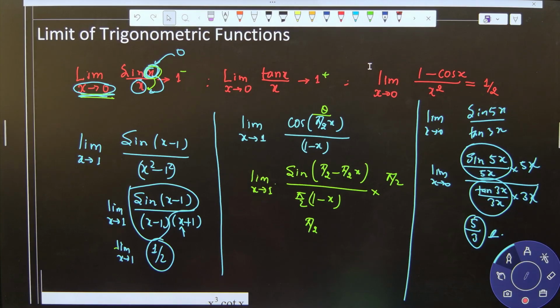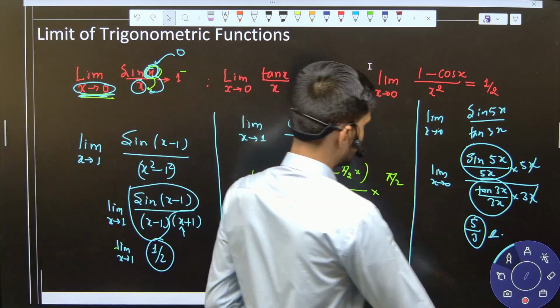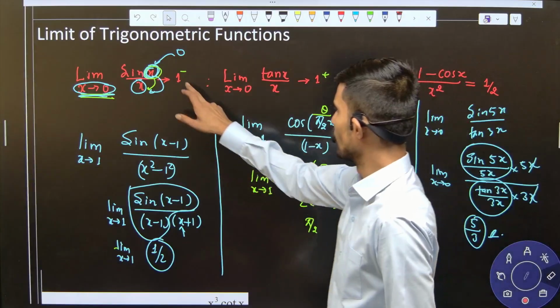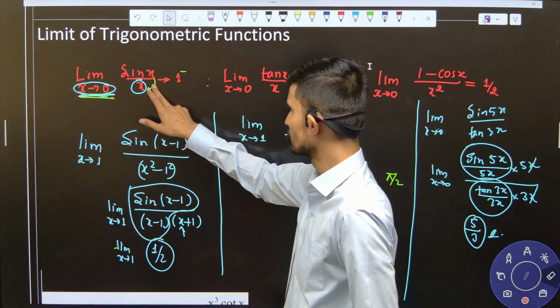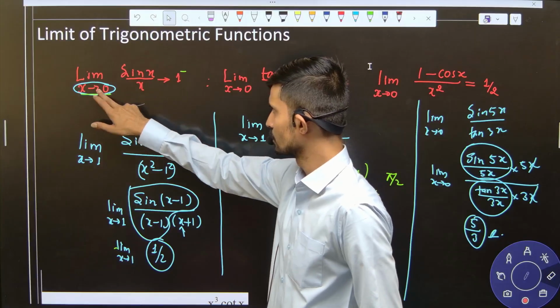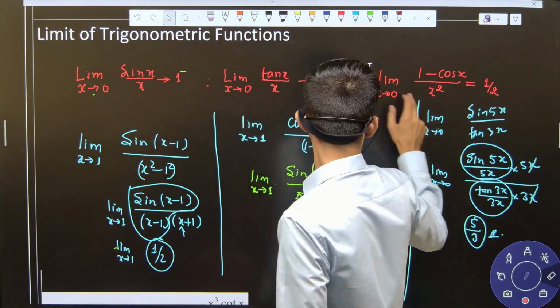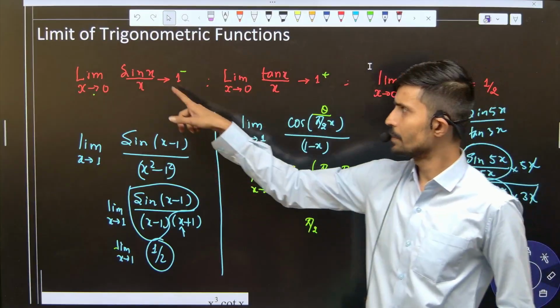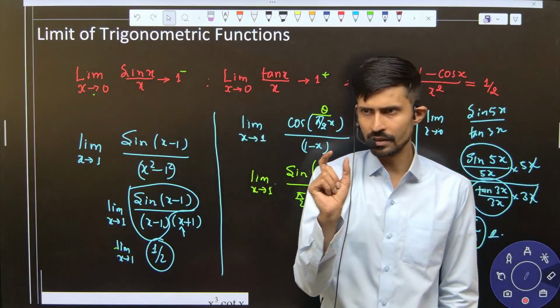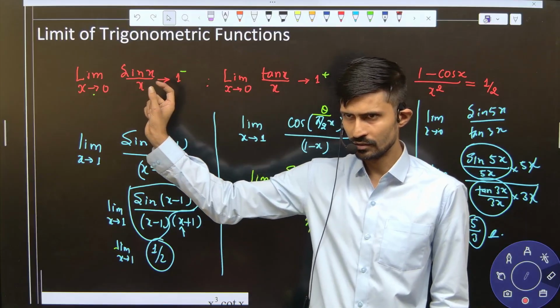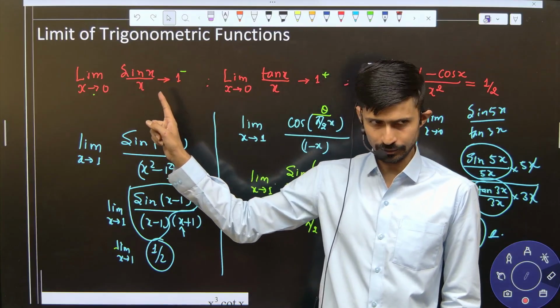Okay, so again, we are going to tell you how to use this formula while solving the question. Always remember, when single name of sine is there, you can use this formula.